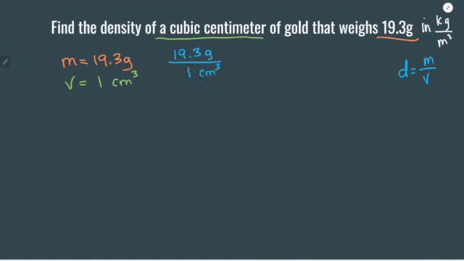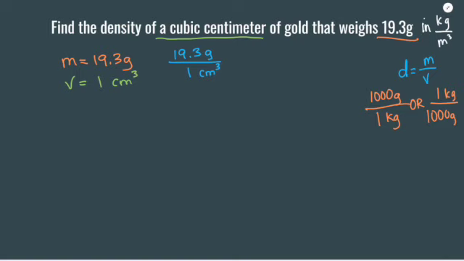Now, of course, it's not done yet. We have to convert these units into the unit we're being asked to find. So let's start with the mass first. We have to convert grams to kilograms, and I know that there are 1,000 grams for every 1 kilogram. Now I could use this conversion rate, or I can use its reciprocal, and that would be 1,000 grams on bottom per 1 kilogram on top.